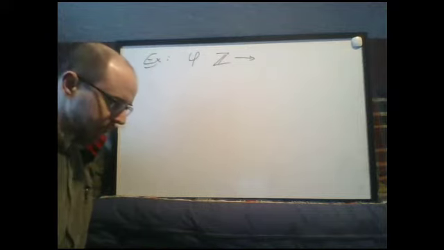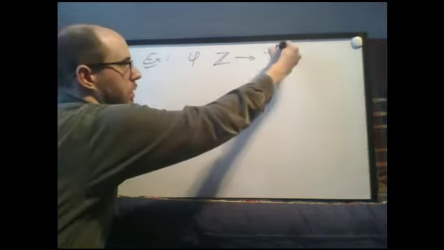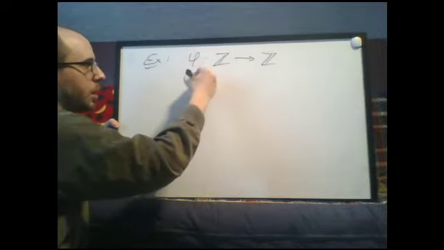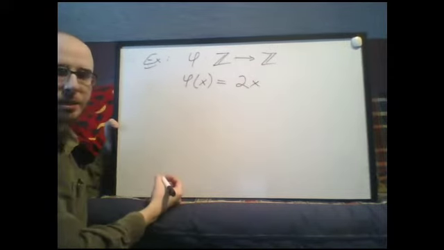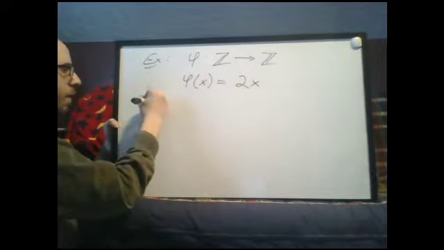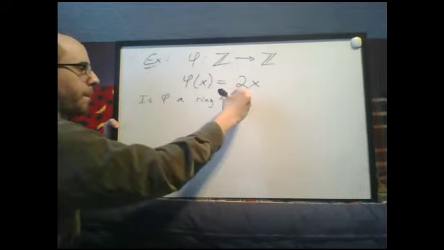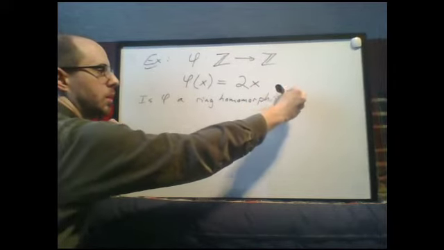Let's look at an easy example that was a group homomorphism but is not a ring homomorphism. So if I took the function from Z to itself, given by phi of x equals 2 times x, and ask, is this a ring homomorphism?